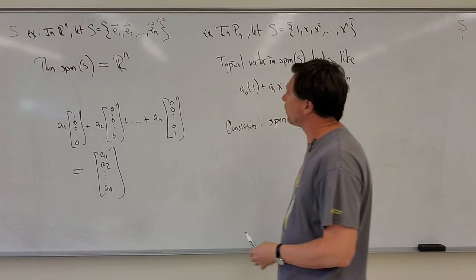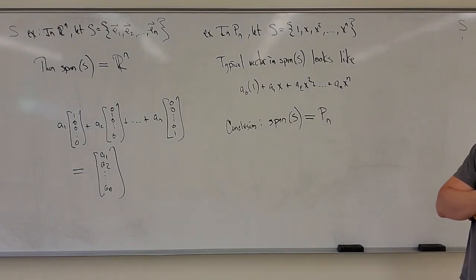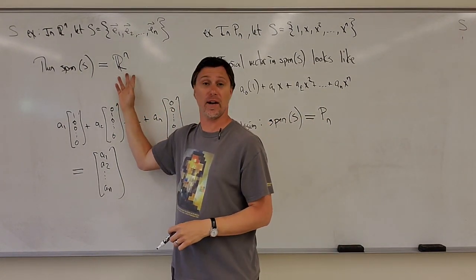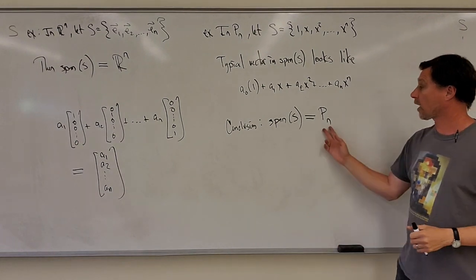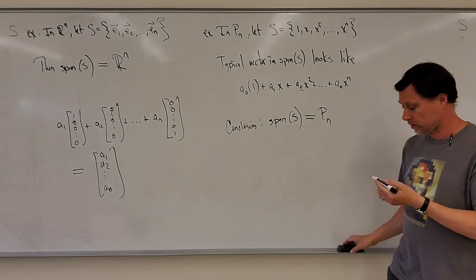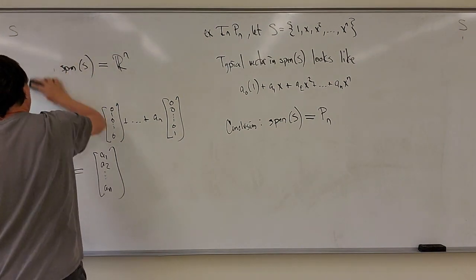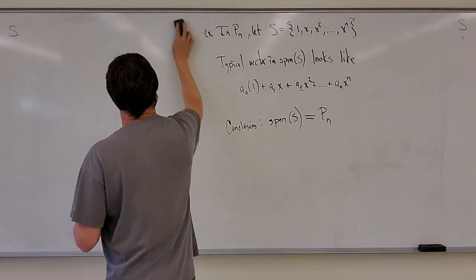So notice what we've done in these last two examples: we took a certain set, looked at the span, and got the entire vector space. In this case, I got all of Rn. In this case, I got all of Pn. So that's an important idea. When this happens, in fact, we give it a name.